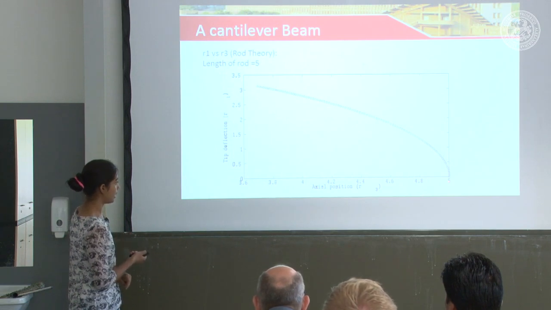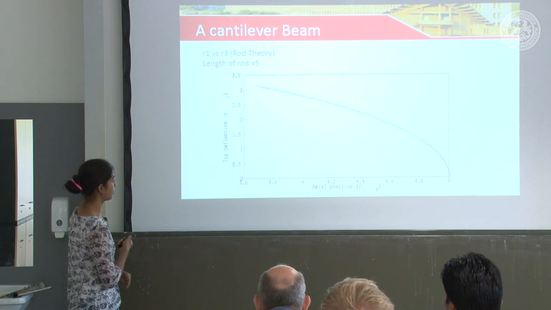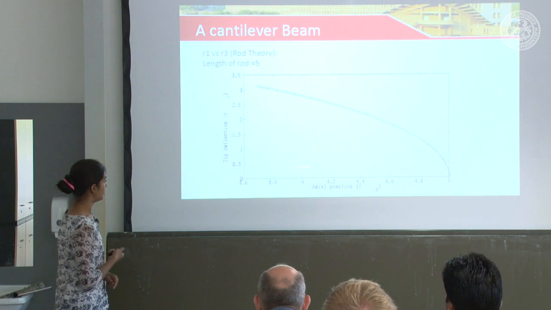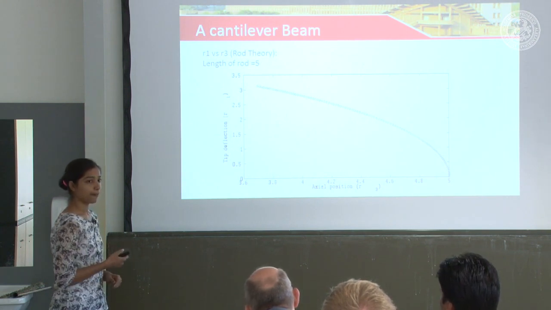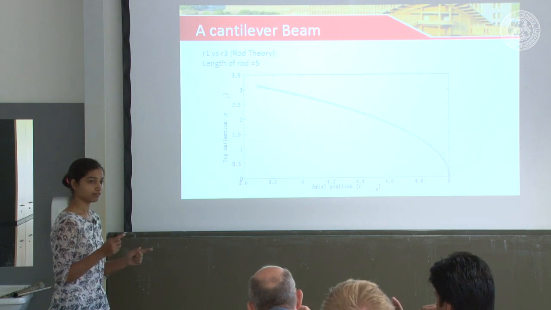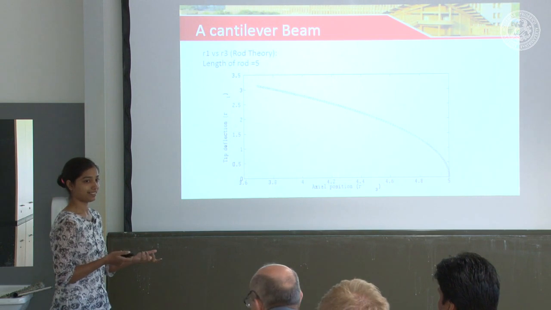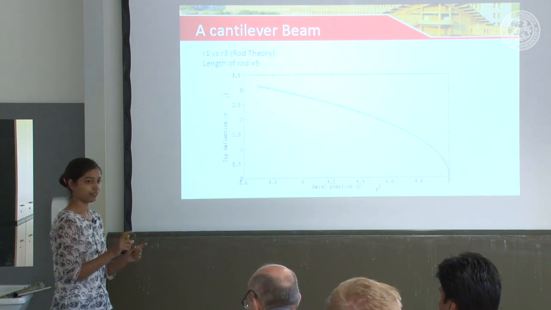We can see that as the load increases, there is axial displacement also, and the rod gets shorter and shorter with the tip deflection increasing from 0 to 3. The rod does not actually get shorter, it just displaces, or we can say it will look shorter.